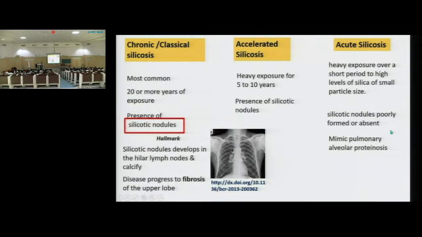Silicotic nodules develop in the hilar lymph nodes, and there can be areas of calcification. You can see these round structures, eggshell calcification of the hilar lymph nodes. The disease progresses to fibrosis of the upper lobe, mostly manifesting in the upper lobes of the lungs. While in accelerated silicosis, patients get heavily exposed over a short duration.